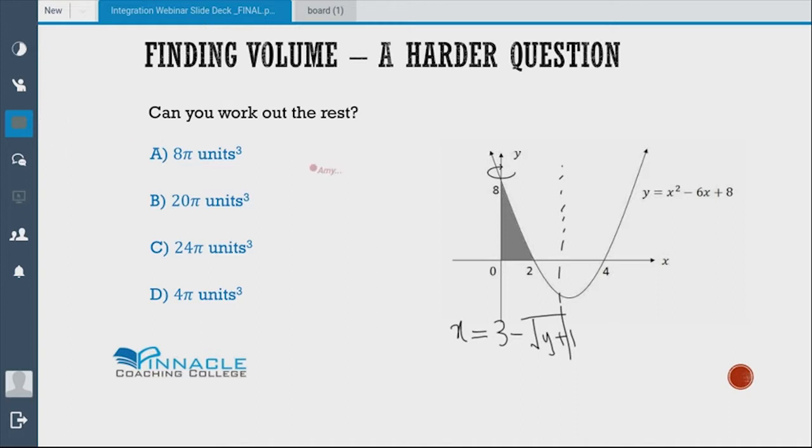Actually, before I put up the poll, just to make sure everyone's on the right track: you're rotating around the y-axis, so y boundaries, and you need to square, so x squared dy. So you will need to square this thing. If that's not what you've done, have a go at attempting that integral now and see if you can get to the answer.